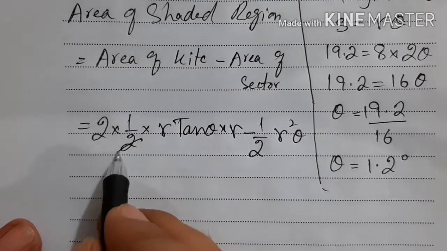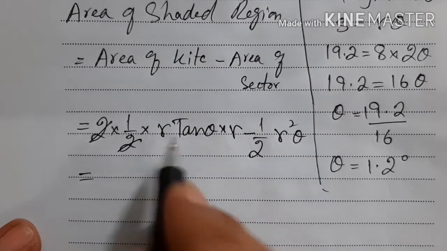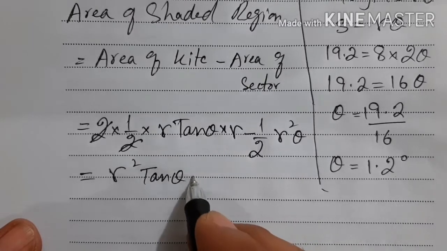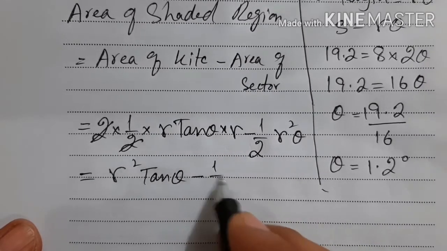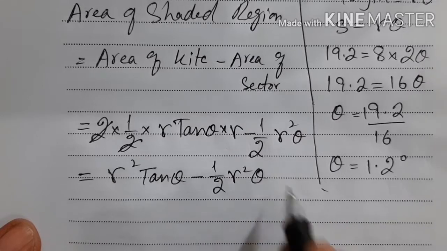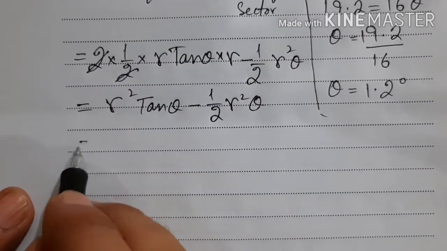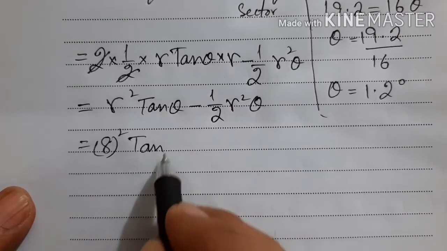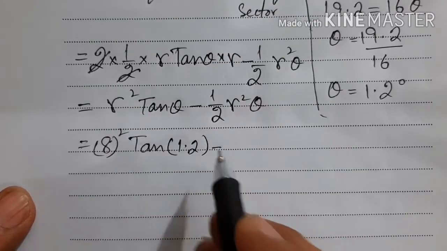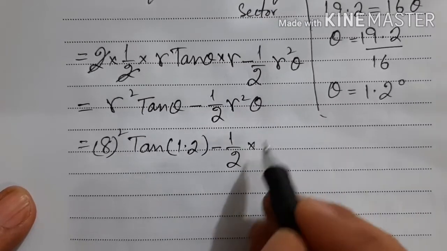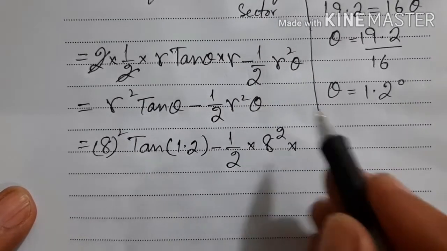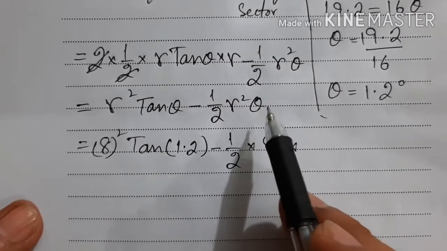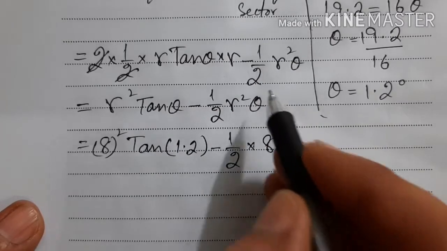So this will be cancelled with this. It will become r square tan theta minus 1 by 2 r square theta. Now put the values. R square is 8 square, tan theta is 1.2 minus 1 by 2, r square is 8 square, and theta is actually 2 theta, because the angle of sector is 2 theta.